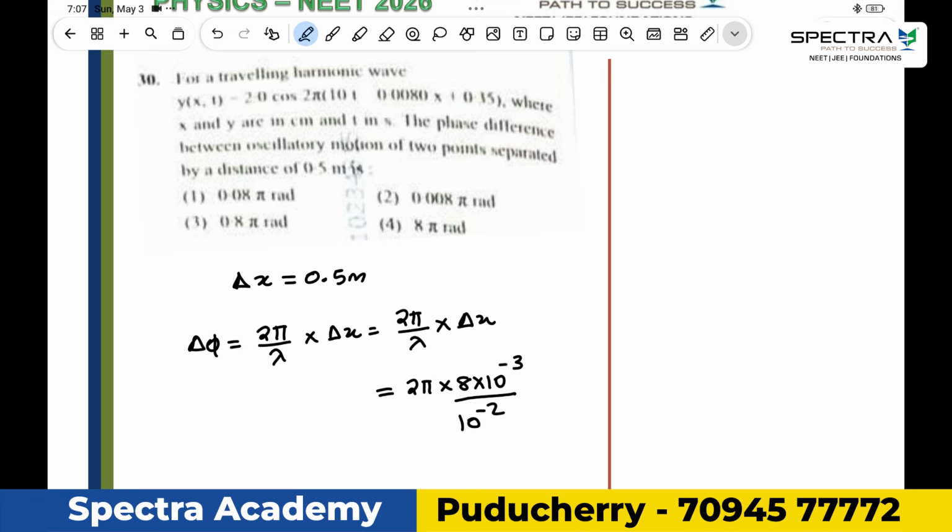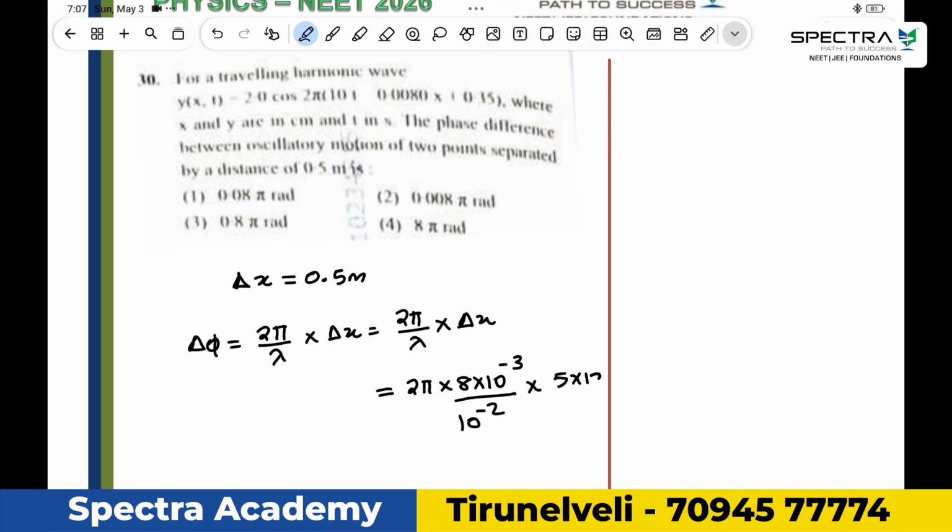Why should it be divided by 10 power minus 2? Because it is per centimeter, right? Lambda is in centimeter. So to convert to meter, now multiply with del x, which is 5 into 10 power minus 1. If you calculate, you will get it as 0.85 radian.